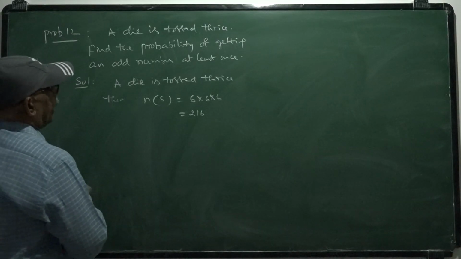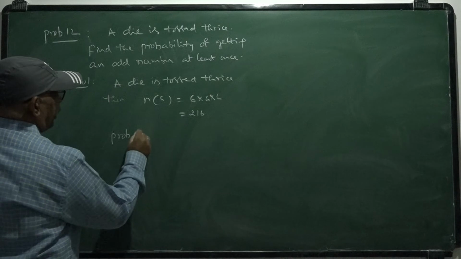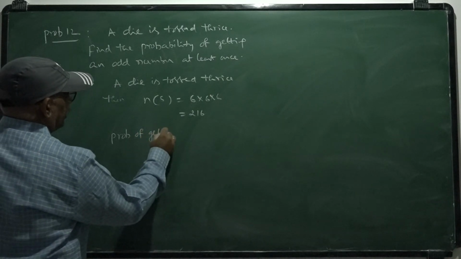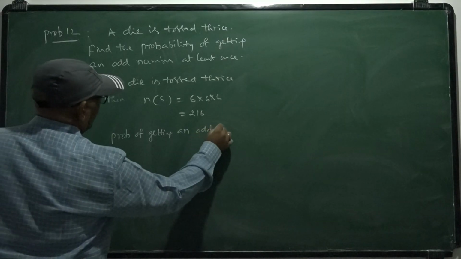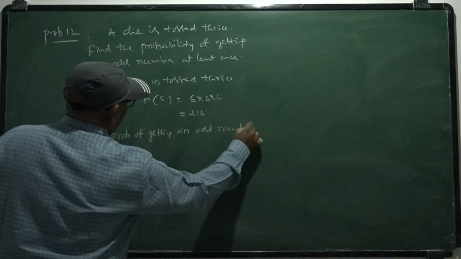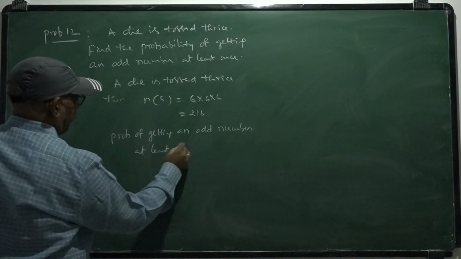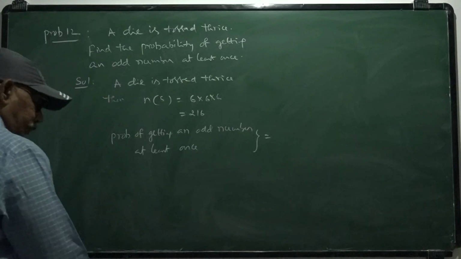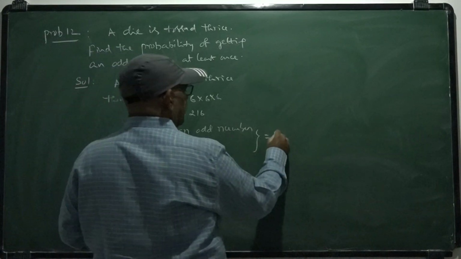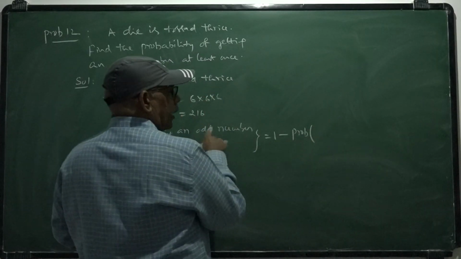Now probability of getting an odd number at least once is equal to 1 minus probability of not getting an odd number.